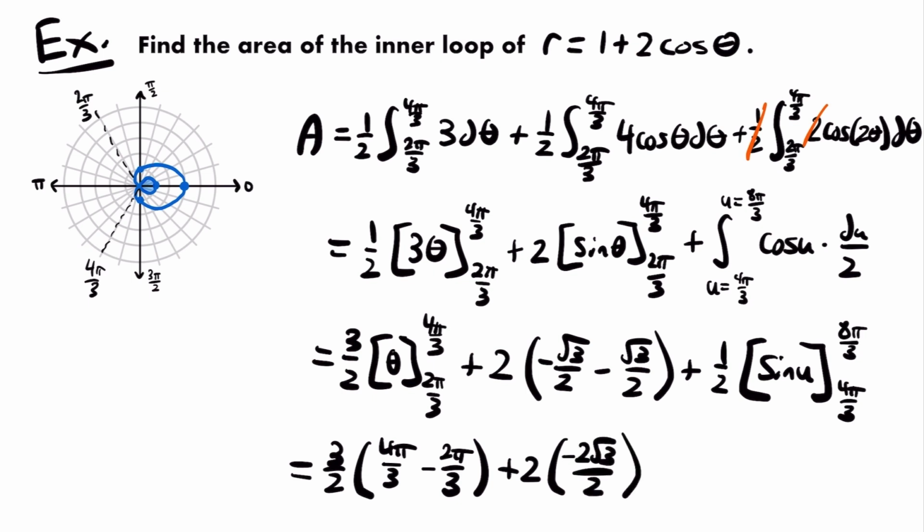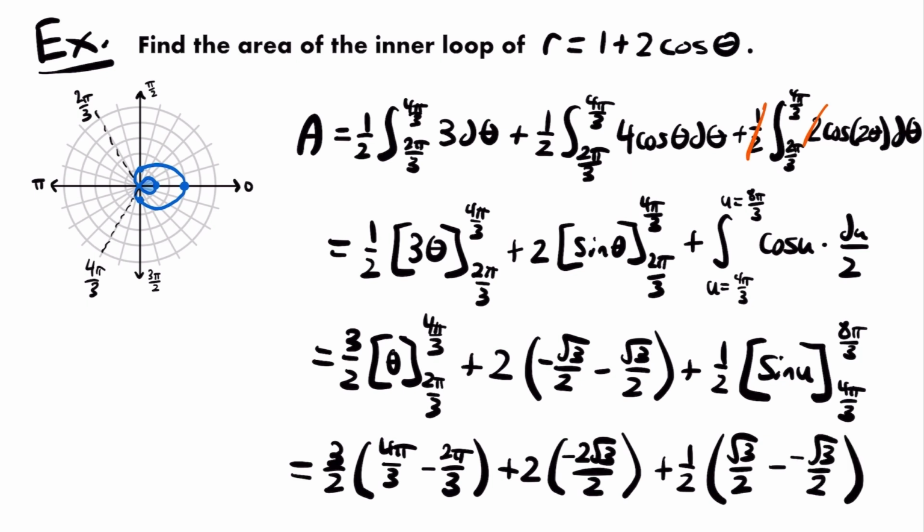All right, we have 2 of those fractions, so we have 2 times the negative square root of 3 divided by 2. Then we'll have plus 1/2 times sine evaluated at 8 pi divided by 3. That's equal to the square root of 3 divided by 2. And then we will subtract sine evaluated at 4 pi divided by 3. And sine of 4 pi divided by 3 is the negative square root of 3 divided by 2.